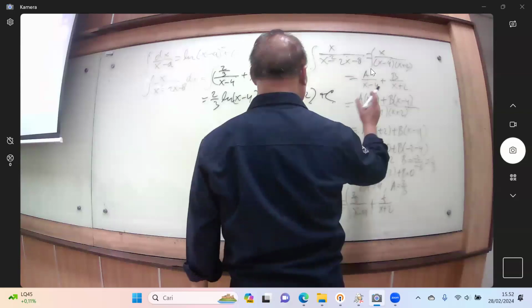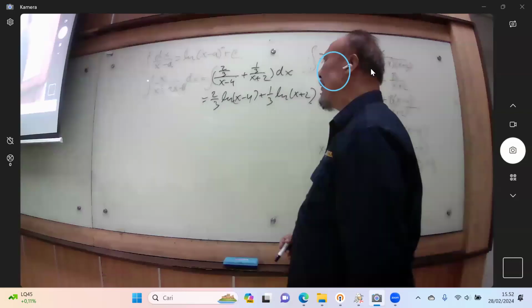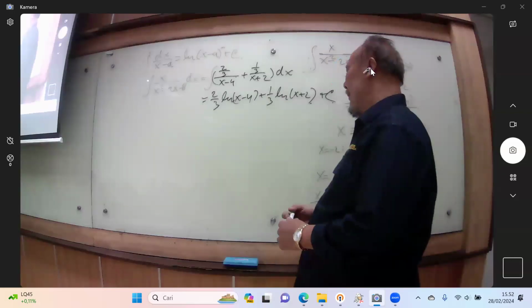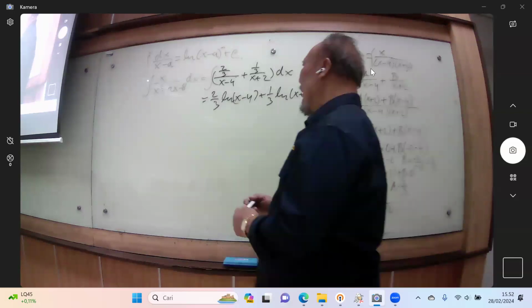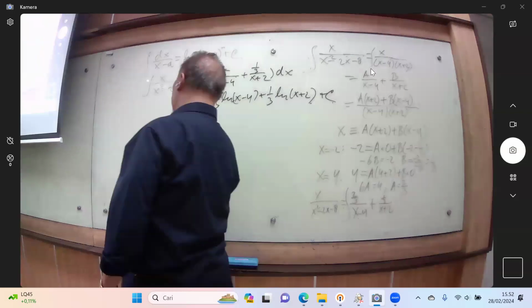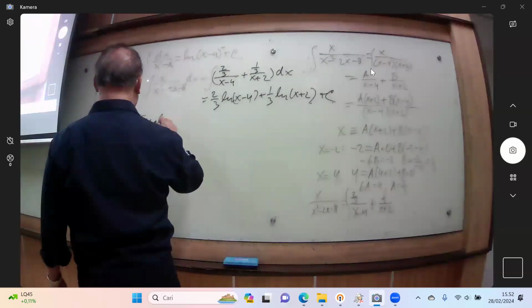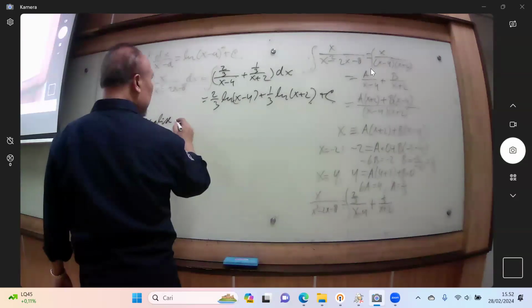Another method for finding them is to equalize the coefficients. Instead of using values, we can equalize the coefficients.